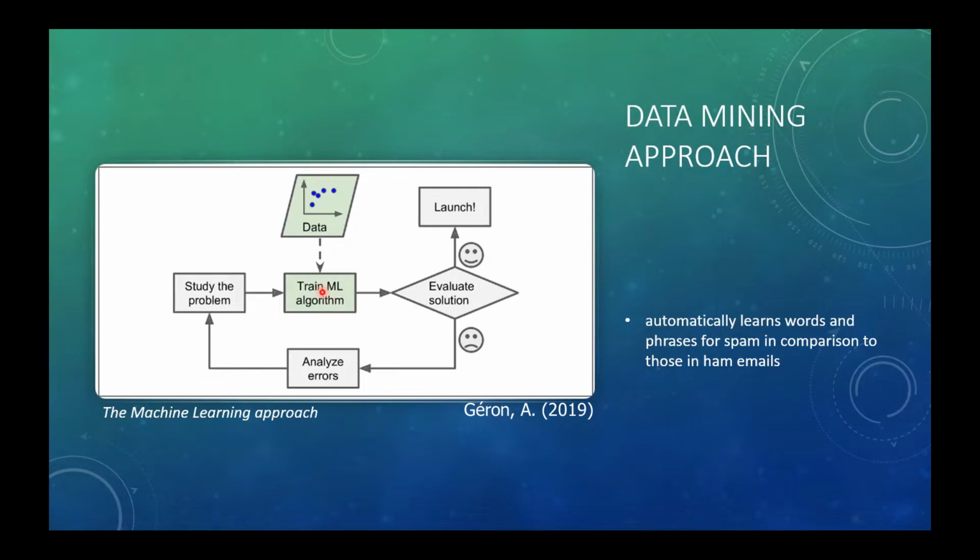Instead of writing these rules explicitly, now I take this data, I bring some algorithm, and then I bring this data. Of course, you do not just simply put the emails in a text file and throw them to the machine learning algorithm. It's not that simple.